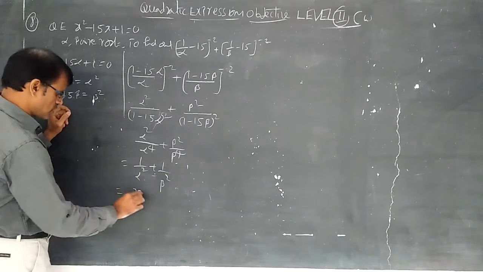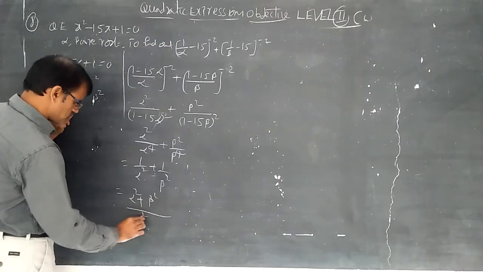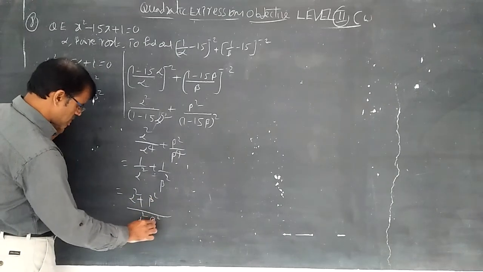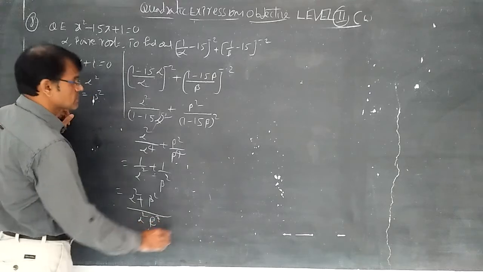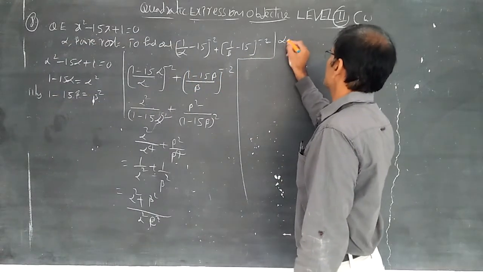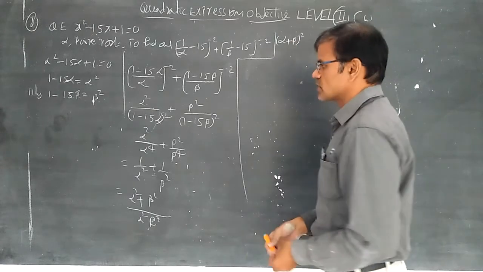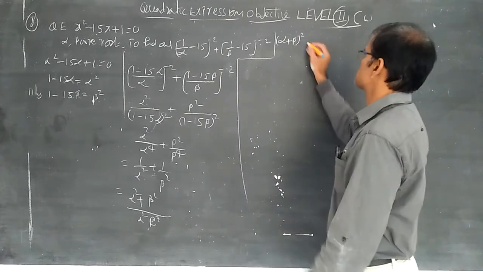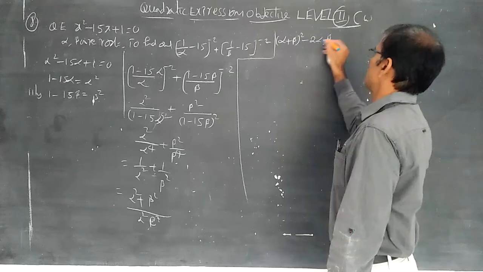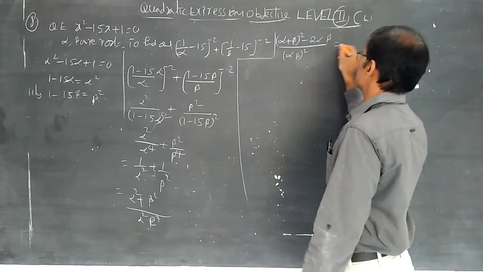1 by alpha square plus 1 by beta square, taking LCM alpha square beta square, is (alpha square plus beta square) by (alpha beta) whole square. Alpha square plus beta square can be written as (alpha plus beta) whole square minus 2 alpha beta, by (alpha beta) whole square.